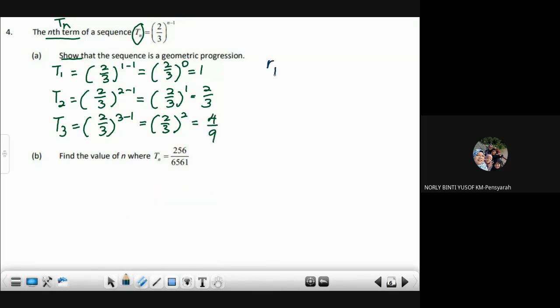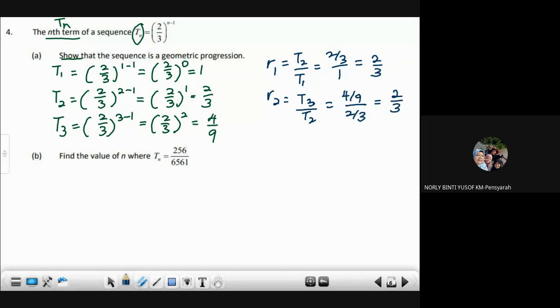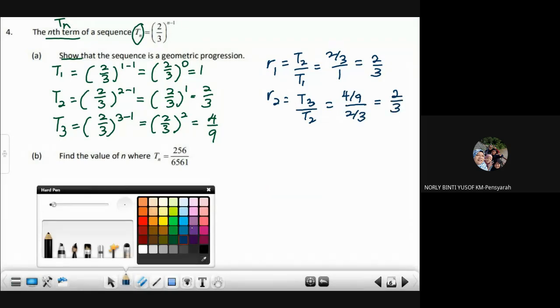Then find the first common ratio R1, T2 divided by T1. So 2 over 3 divided by 1, you obtain 2 over 3. R2, T3 divided by T2, third term divided by second term. So 4 over 9 divided by 2 over 3. So you use calculator, you will also get the same value of R. So you show lah that the R is the same.